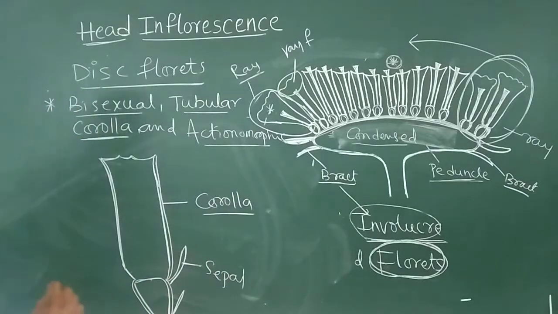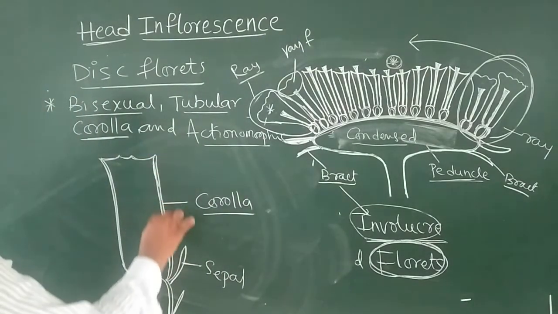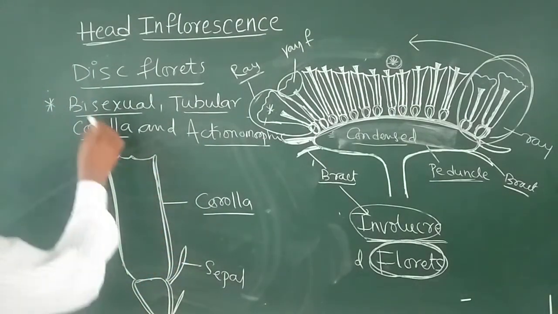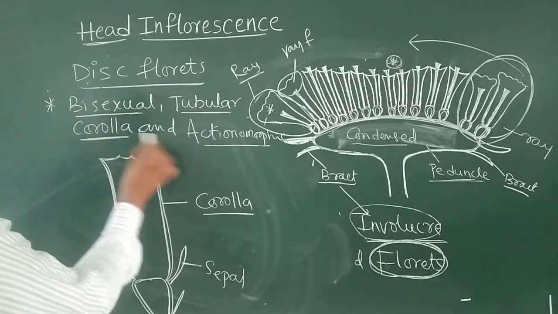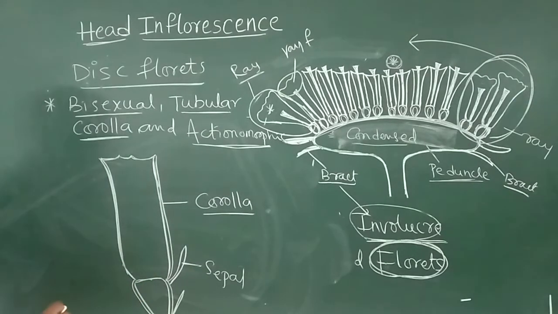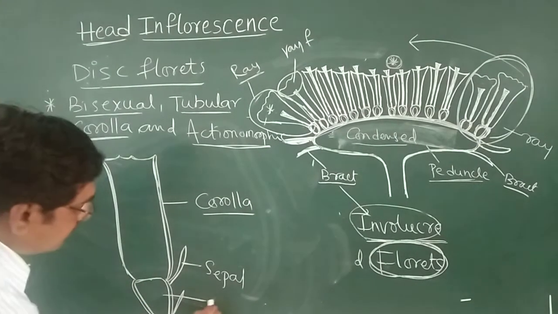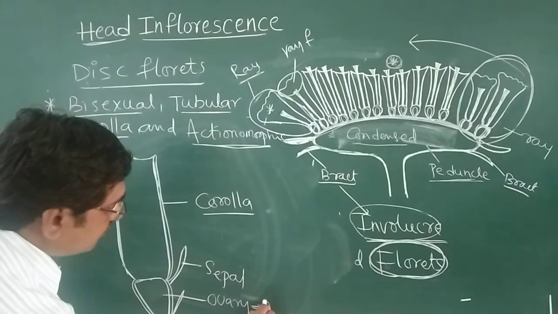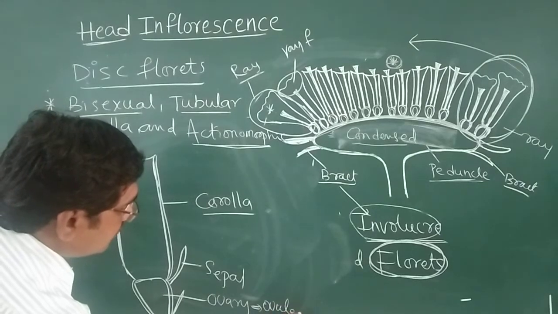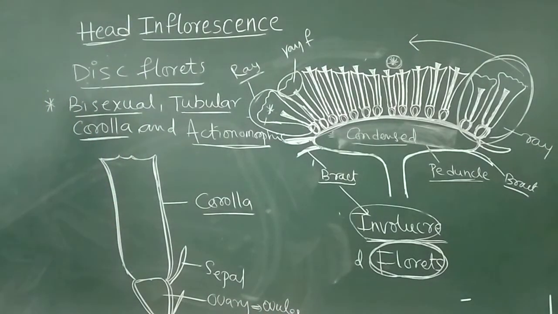The corolla is a tube-like structure, which means the disc florets are bisexual, with a tubular corolla, and actinomorphic flowers. This is the ovary, with ovules inside. Right. This is the ovary.